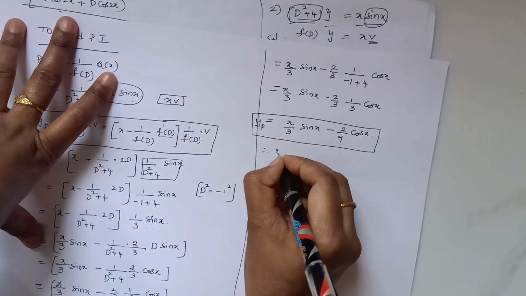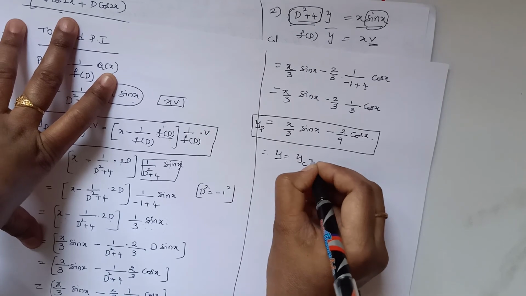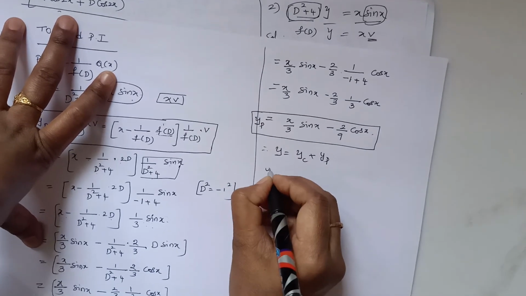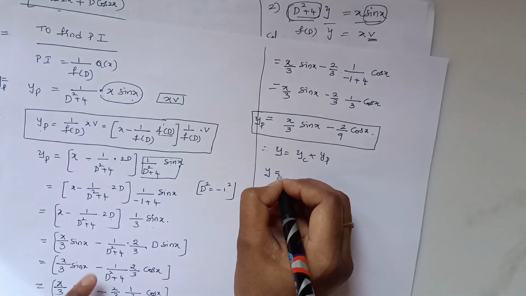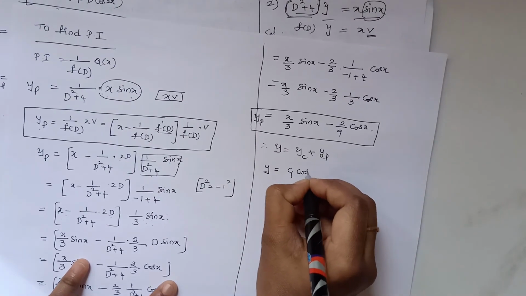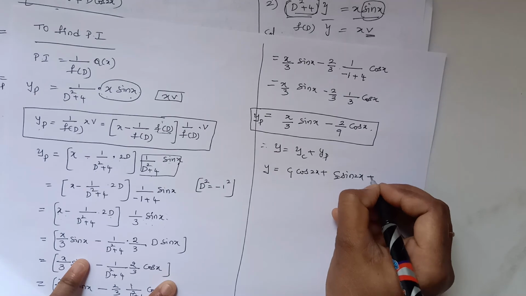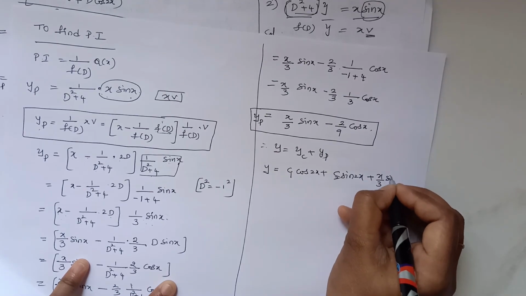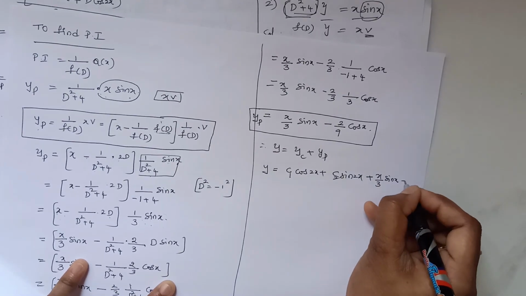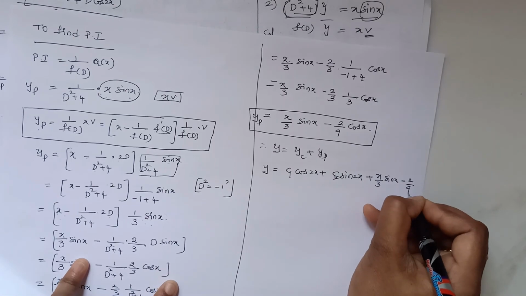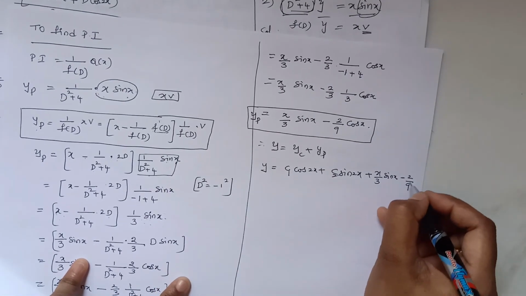Therefore the general solution is yc plus yp. Therefore y is equal to yc, that is c1 cos 2x plus c2 sin 2x, plus x by 3 sin x minus 2 by 9 cos x.